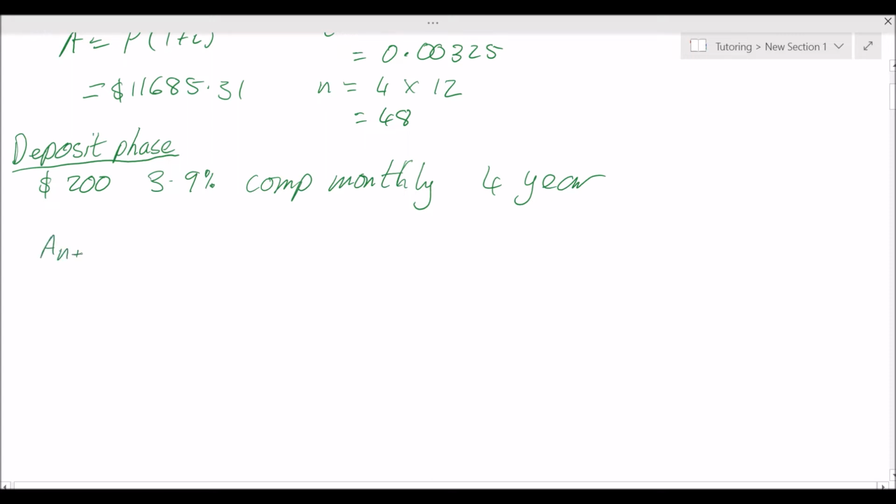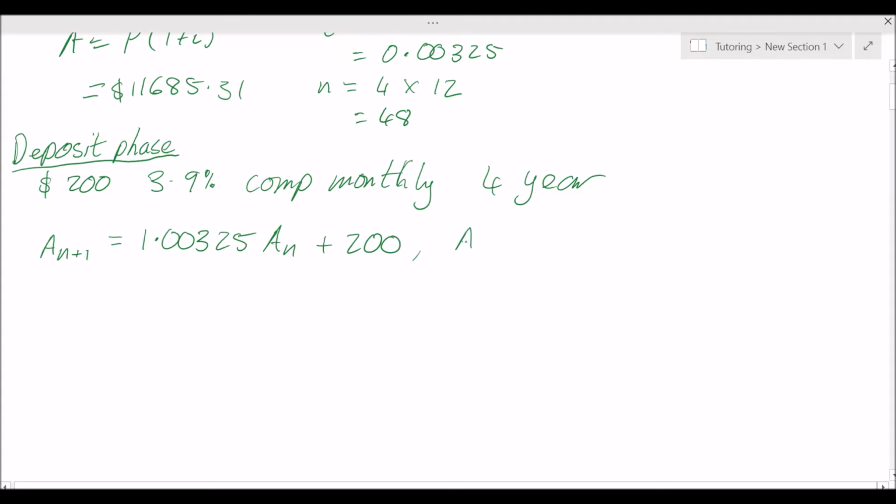This means the next term is found by multiplying the current term by the interest rate plus 1, because we're increasing it by this percentage, and then we are also adding $200.